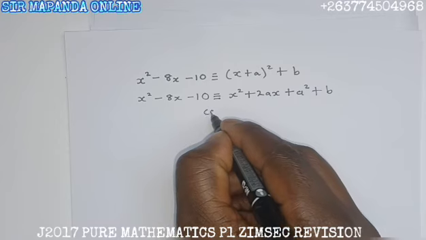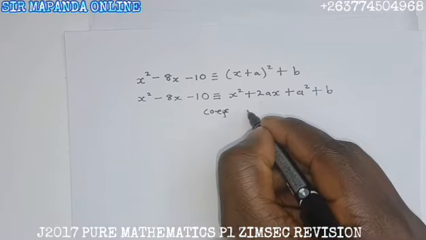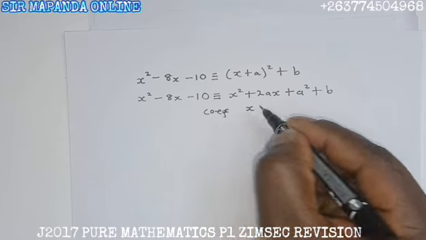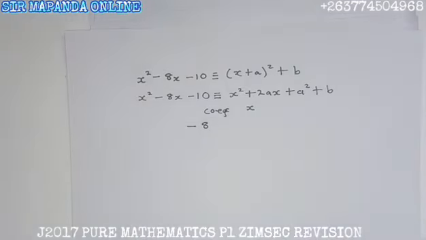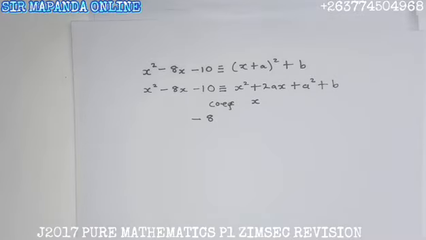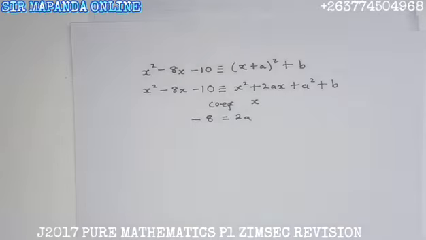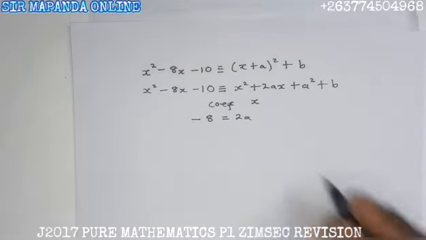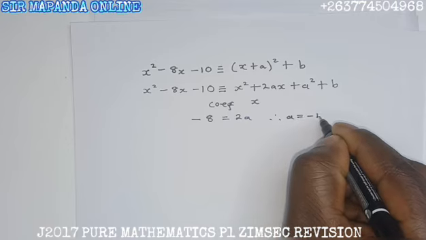So we are equating the coefficients of x. On the left side, you have minus 8. Then on the right side, you have 2a. Dividing both sides by 2, it means a is equal to minus 4.